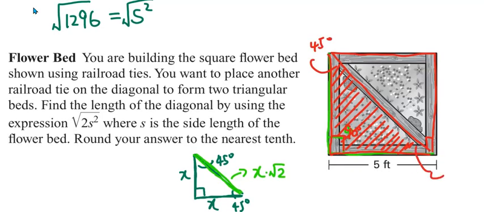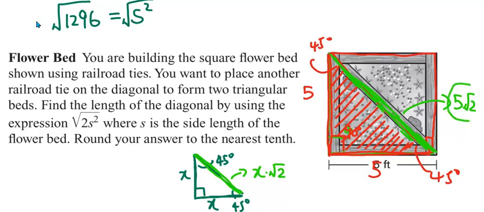This is 45, this is 45. It has a special triangle rule: 90, 45, 45, which means these two legs have equal length. 5 feet, 5 feet. And this diagonal is simply the side length times square root 2. All done. As simple as that. Okay, let us continue.